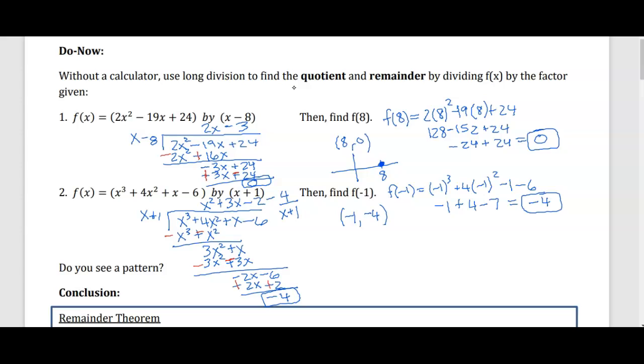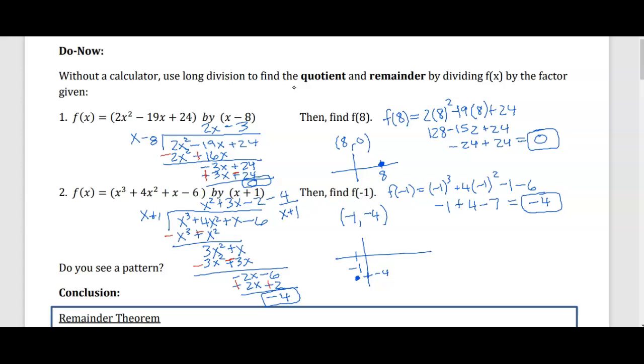The y value is 0. But when I do number 2 and go to -1 to graph it, I'm way down here at -4, and that has a remainder because it's not a good 0. All right, so what you found is a connection between division, the remainder for the division, and evaluating the function, the y value of the function.